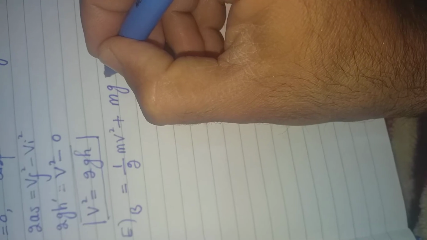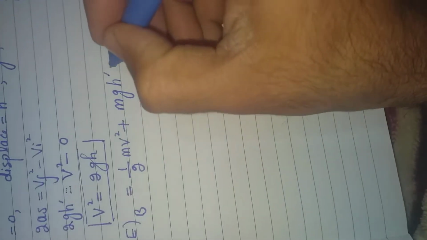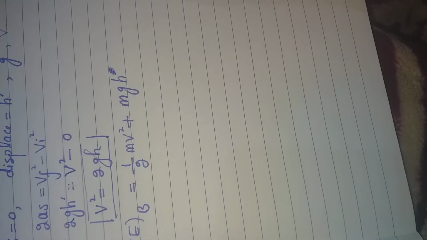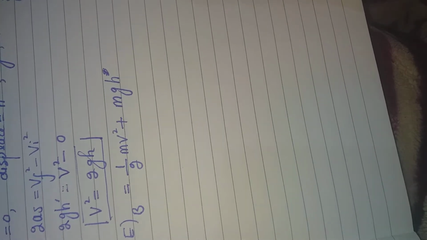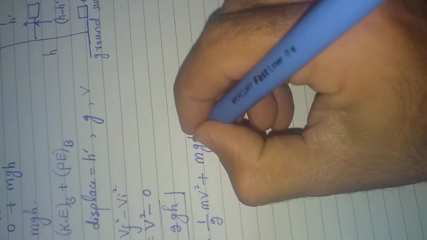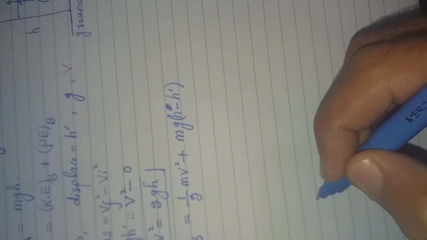But the height is now h minus h dash, because the height from the ground to point B is h minus h dash.